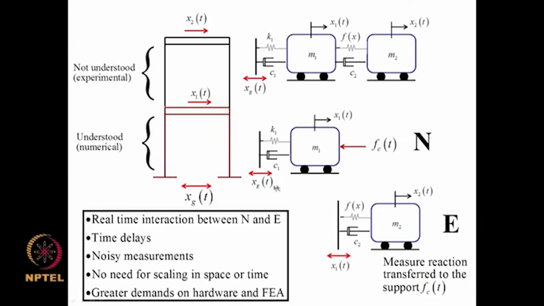Now we again start integrating the numerical model, and while doing this we need to know what is the reaction transferred by the experimental component. So there will be an iteration. So we start integrating, we move from say 0 to delta t and find out what is the displacement.